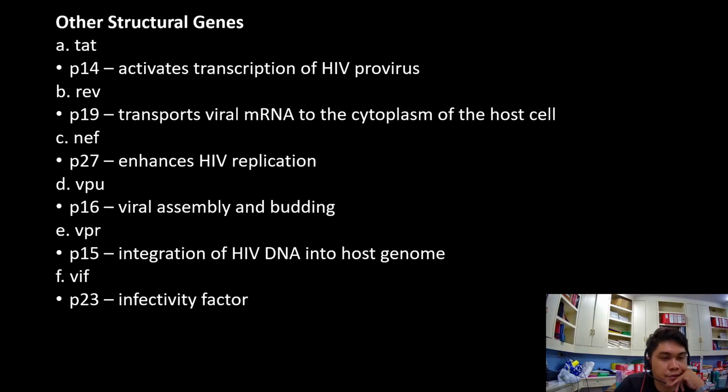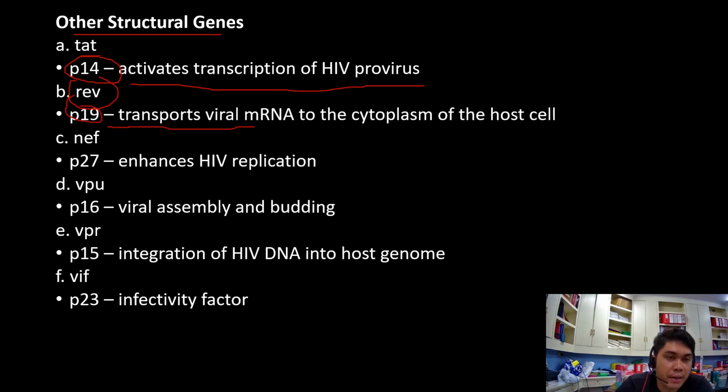Next, you have other structural genes. TAT codes for P14, and P14 activates transcription of HIV provirus. Then REV codes for P19, and it transfers viral mRNA to the cytoplasm of the host cell. The next is NEF, which codes for P27 and enhances HIV replication.